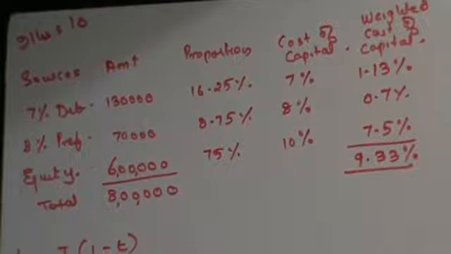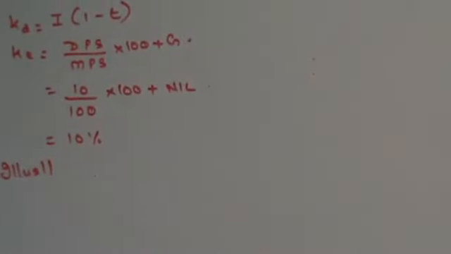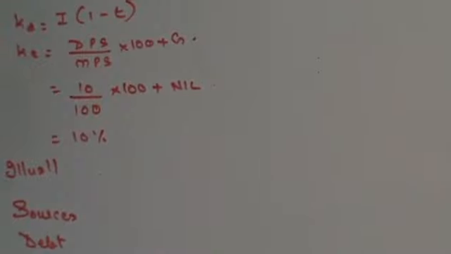Let's see illustration 11. They're saying that a firm finances all its investment by 40% debt and 60% equity. The sources given to you are debt and equity.